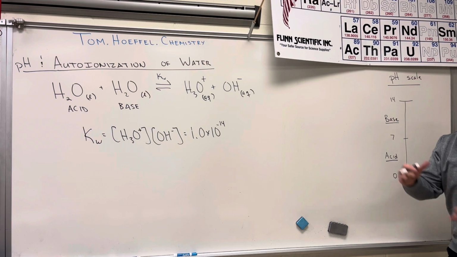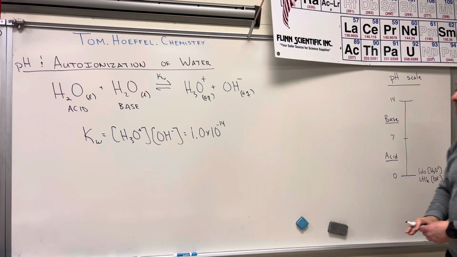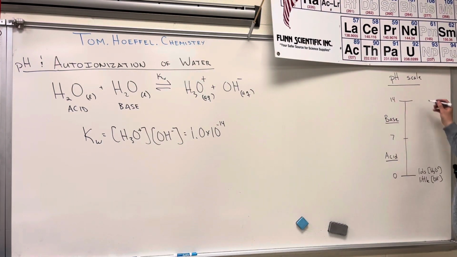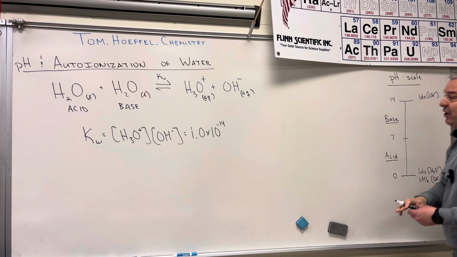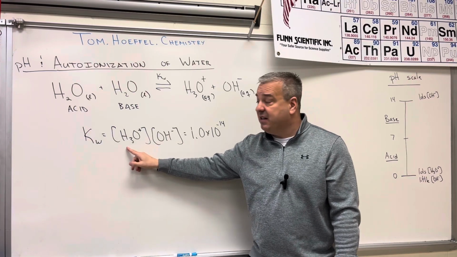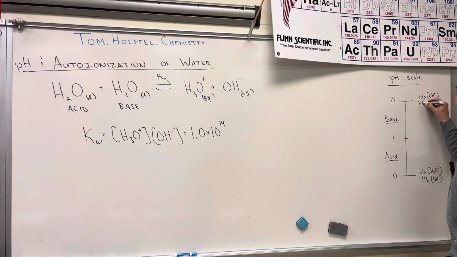And of course, the opposite is true at the top of our pH scale. At the top of the pH scale, we have lots of hydroxide ions, and if this is in large concentration, then this number has to be very small. So we have very little hydronium ions.